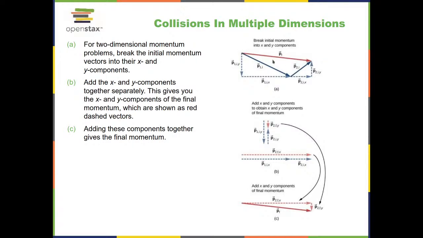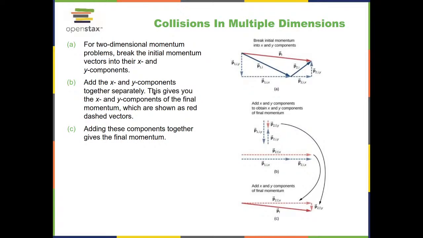For the y component, it would have meant that the initial y momenta would have to be opposite, so they add up to 0, which is the final momentum in the y direction. We applied that last time already to the example of a car and a truck colliding, so we're not going to go over that again.